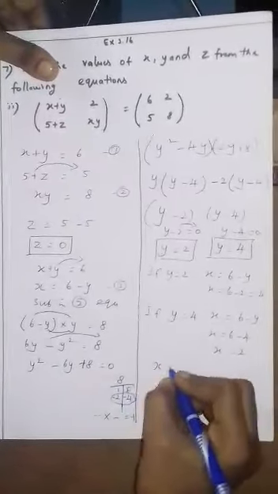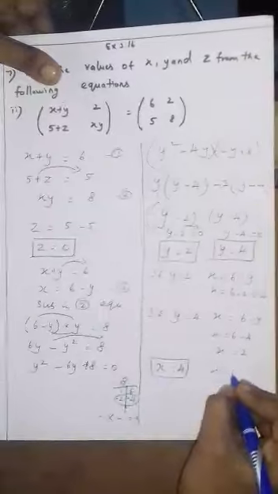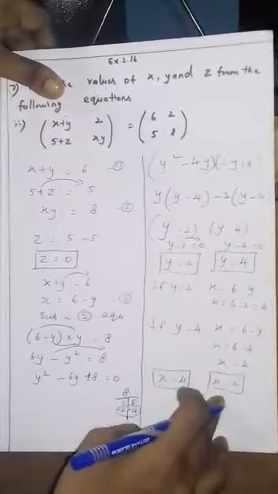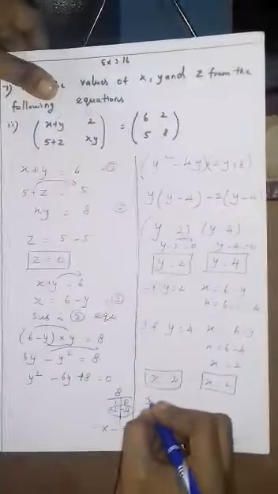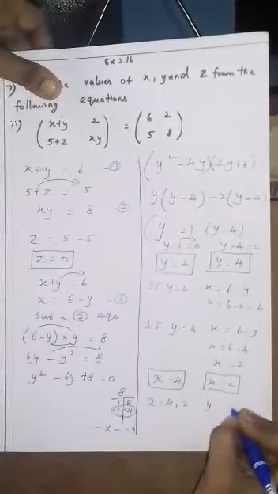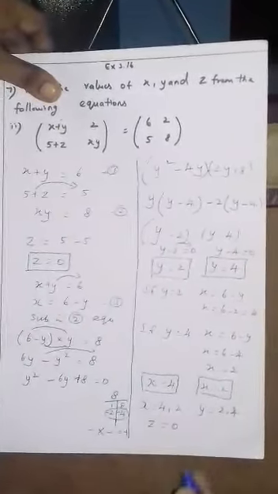So x equal to 4 and x equal to 2. Both values are answers for x. So x equal to 4, 2, and y equal to 2, 4, and then z equal to 0.